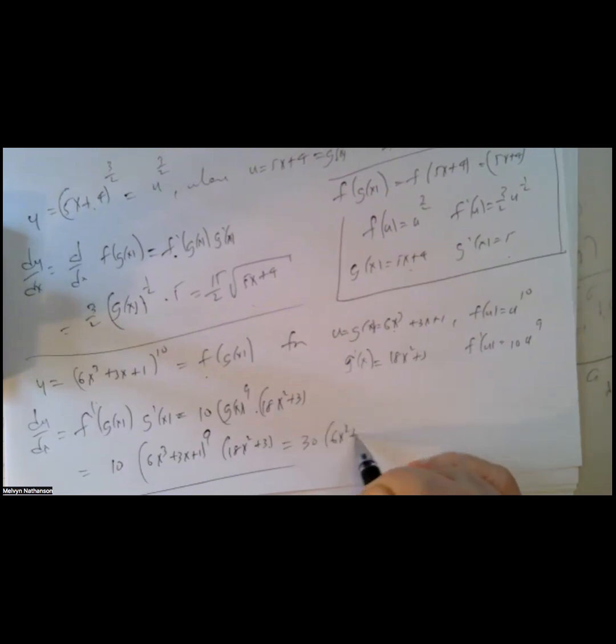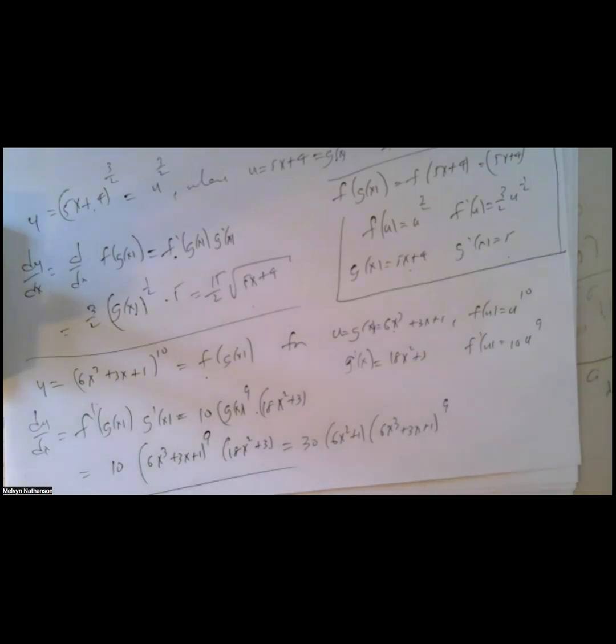If you want to factor a 3 out of this, you will get 30 times 6x squared plus 1 times 6x cubed plus 3x plus 1 to the 9th. Just another way of writing the same thing.